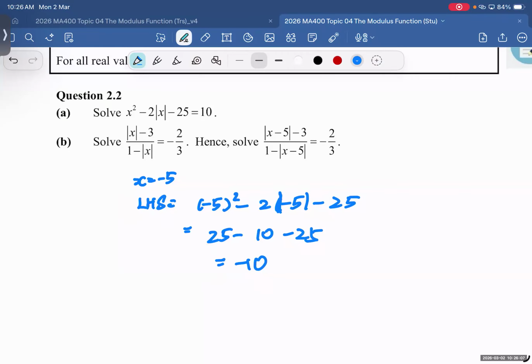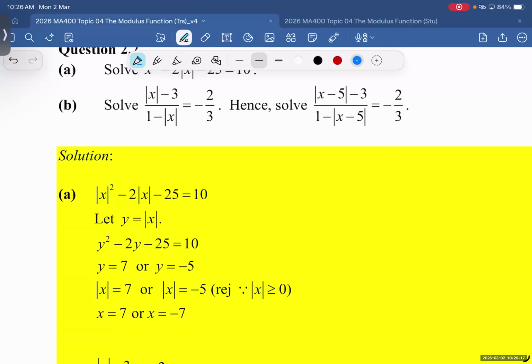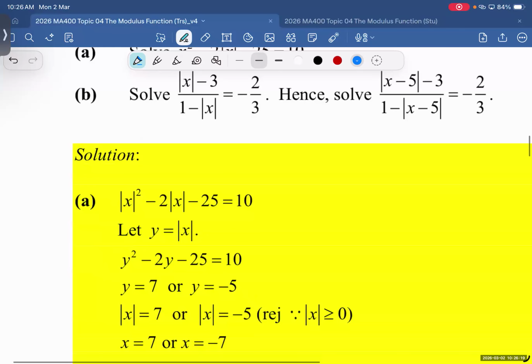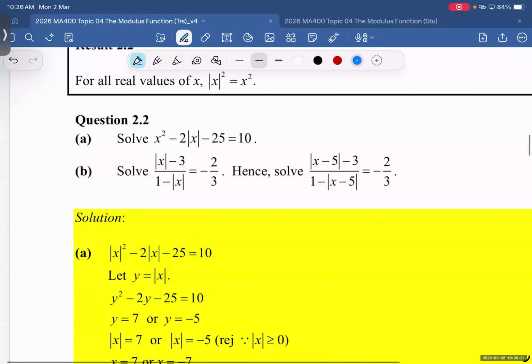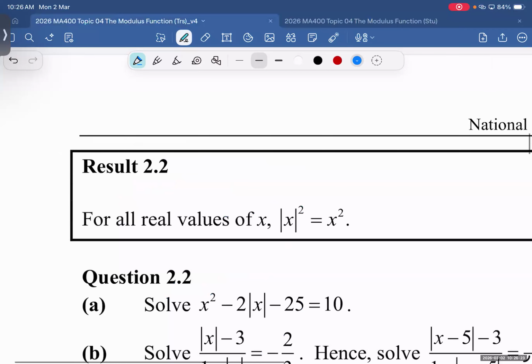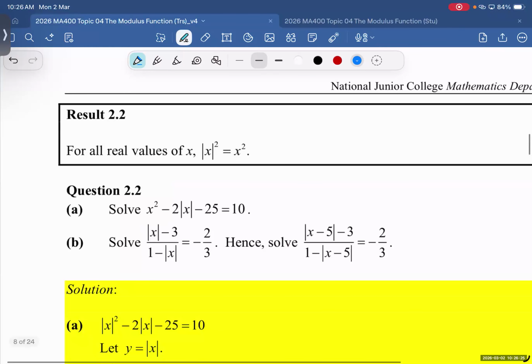Is there any other way to reject? Yes, sub back in. But that's because you do the OR, you use the OR method, right? So I'm assuming a lot of you use the OR method. Is there another way? Yes, there's another way. In fact, if you see our NJC math, we teach you something, and in the next example, we give you a chance to use it.